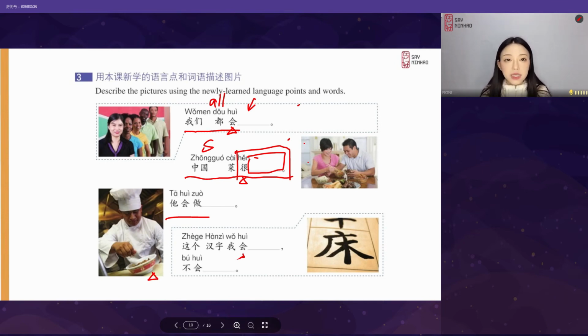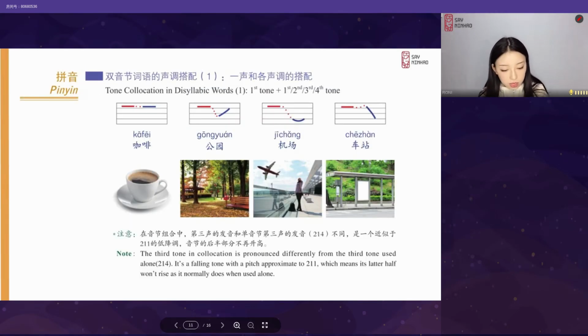We can put verbs after 会, right? So you can say 我会写不会读 or 我会读不会写。读 means read, 写 means write, okay? Now let's move on to the next part, which is the collocation in disyllabic words. Disyllabic words are really important parts in Chinese characters, okay?